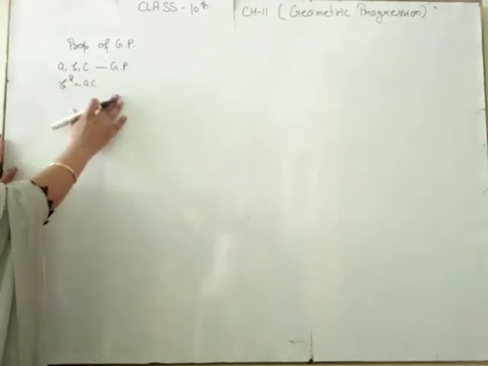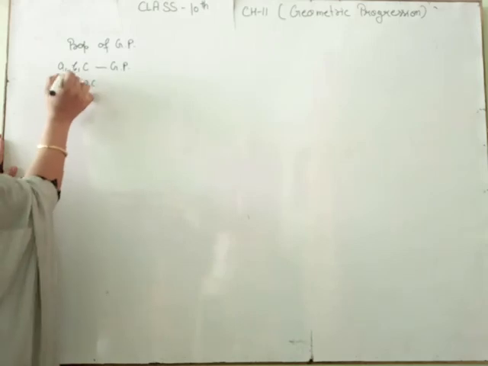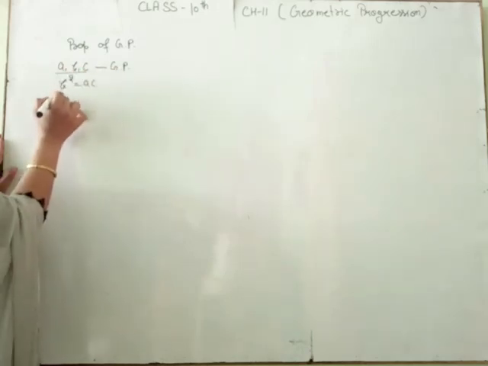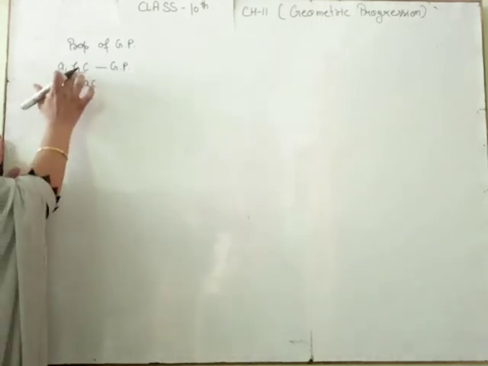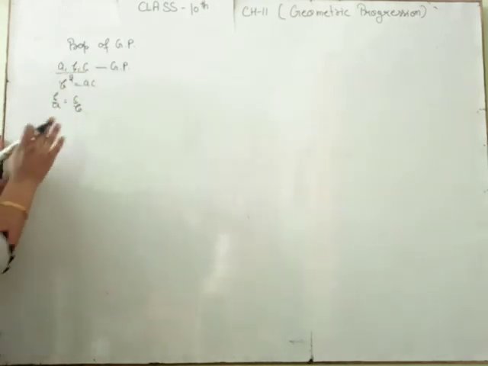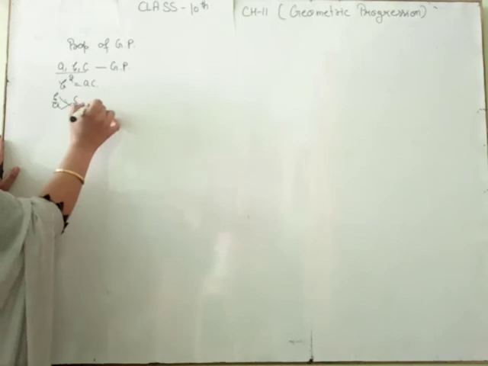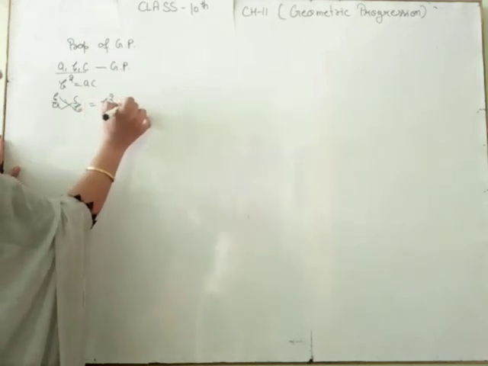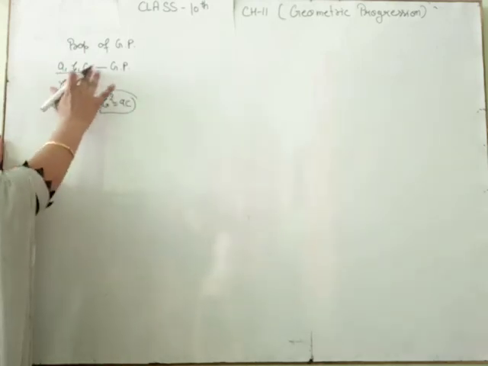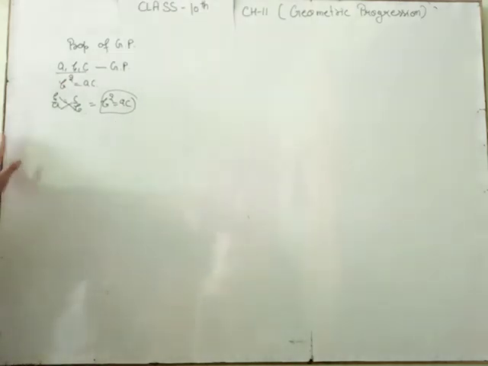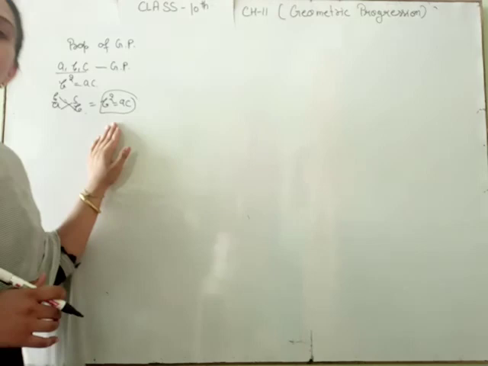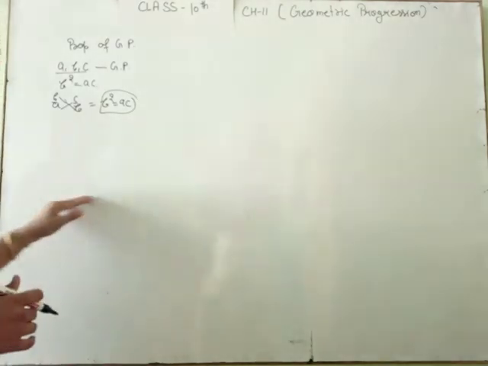If these are in GP, then B by A equal to C by B. The ratio of two consecutive terms is the same, so by cross multiplication, B square equal to AC. If A, B, C are in GP, then B square equal to AC, and we use this result directly to solve our questions.